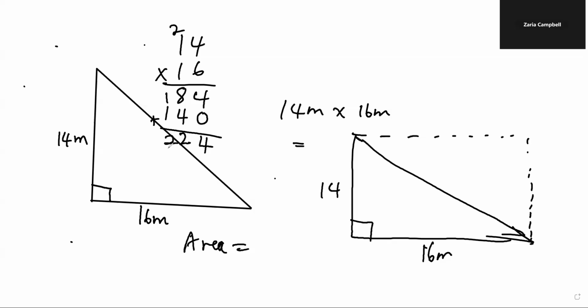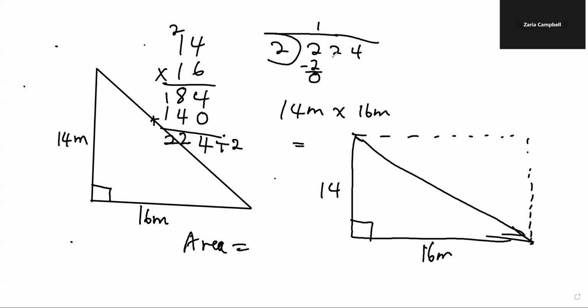But we're not finishing it because we're not finding the area of the rectangle. So we're going to have to divide 224 divided by 2. 2 into 2 is 1. 1 times 2 is 2. Subtract 2 from 2 is 0.